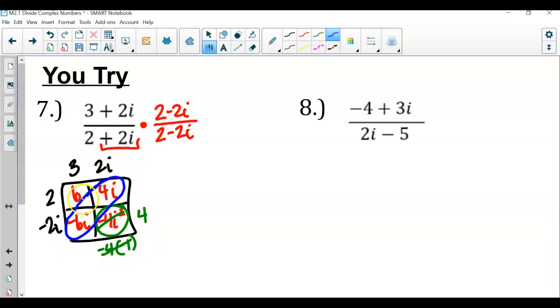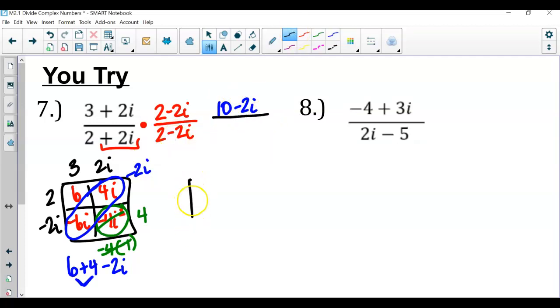We have our two imaginary parts. -6 plus 4 is -2, so -2i. So now with our like terms, I've got 6 plus 4, but then don't forget your imaginary part, so -2i, minus 2i. 6 plus 4 is 10. So 10 minus 2i. That's what we have for our numerator.